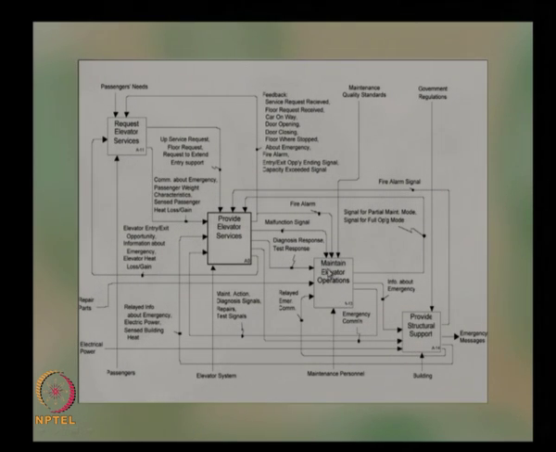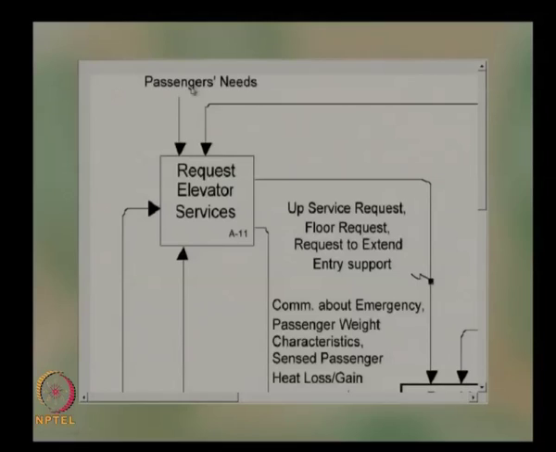The maintenance personnel's basic function is to maintain the elevator operations, and there is an interaction between this and the main elevator function. The passengers request elevator service, and they interact with the elevator through various means of data input and output. So this is the general external systems and their interaction with the main system for the elevator case study.